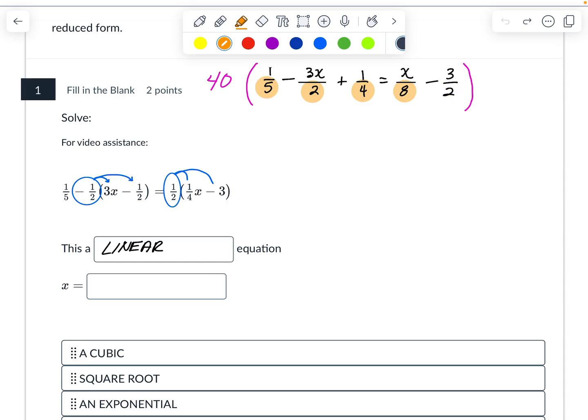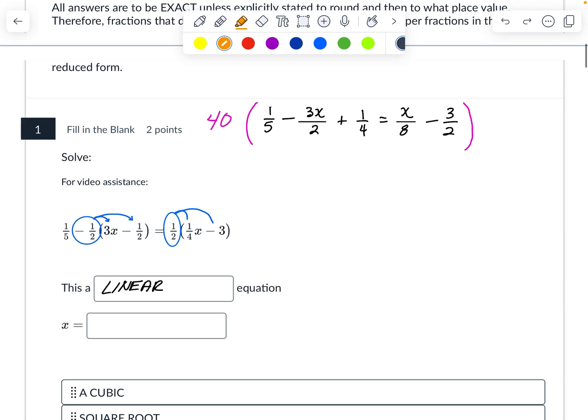I'm going to take out all those dots. All right, so now I'm going to take 40 times each of these. Basically what I'm doing is distributing again. I'm going to take 40 and multiply it by everything in here.